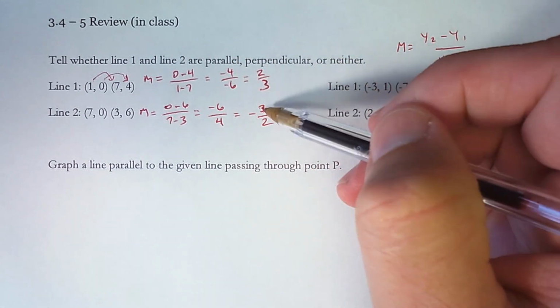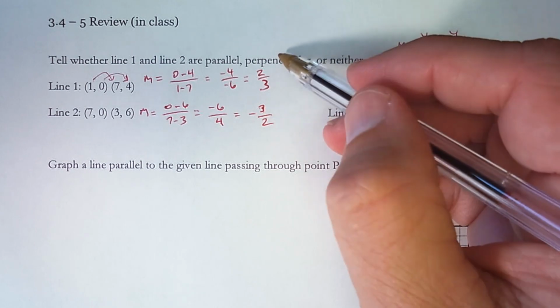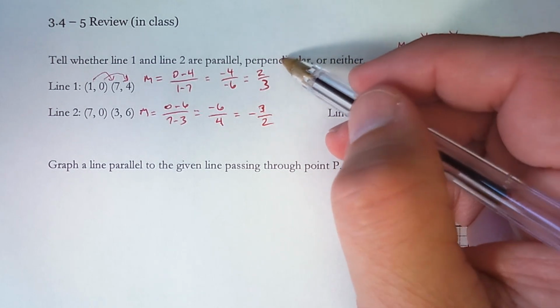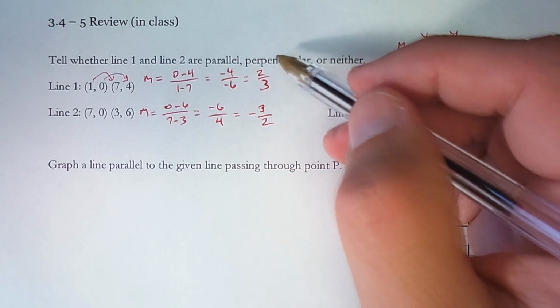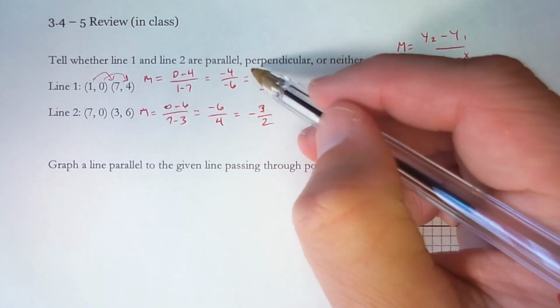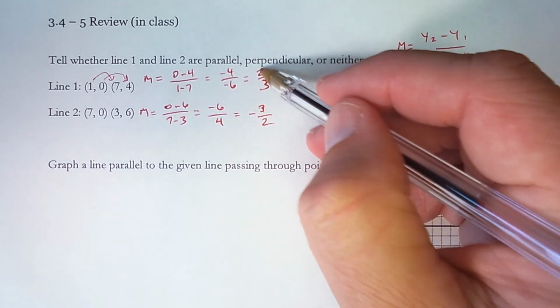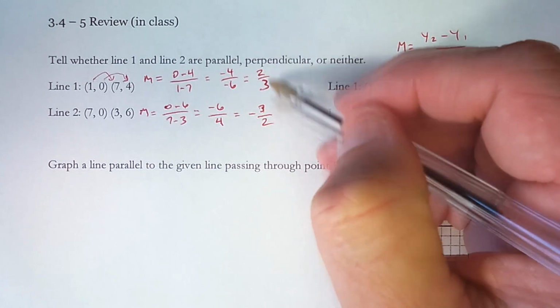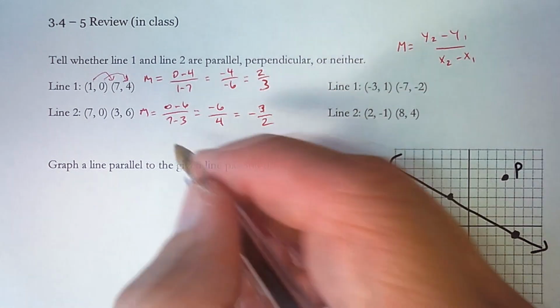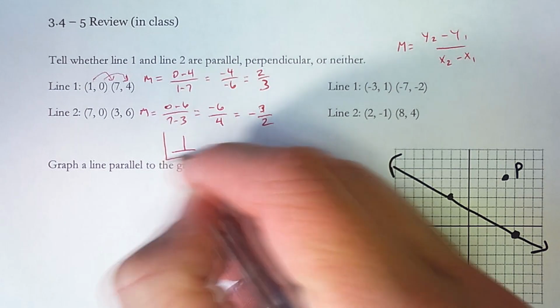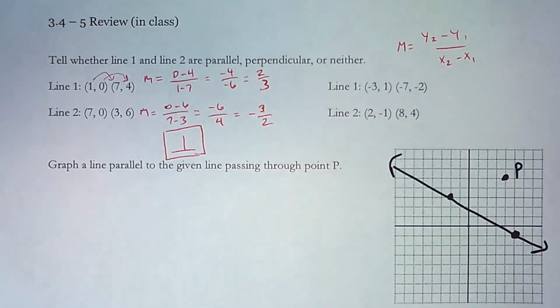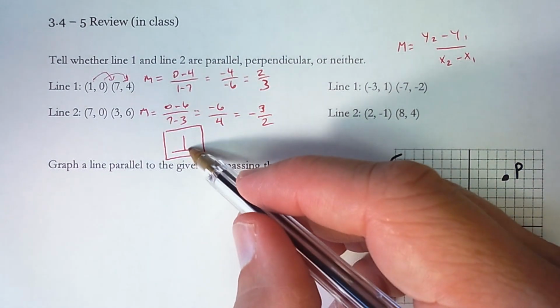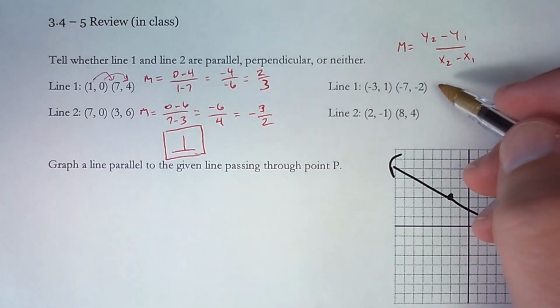These are not the same slope. They are not parallel. If they are perpendicular, the slopes will be opposite and reciprocals. One's positive, one's negative. Those are opposite signs. 2 over 3, 3 over 2, they are flipped. So these are opposite reciprocal slopes. These lines are perpendicular. Okay, and you can write out the word or use that symbol.